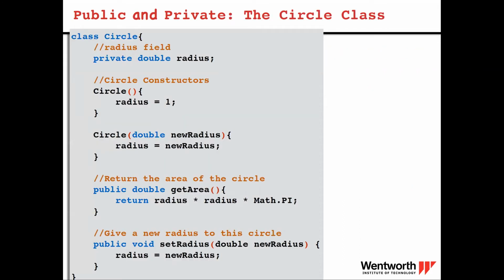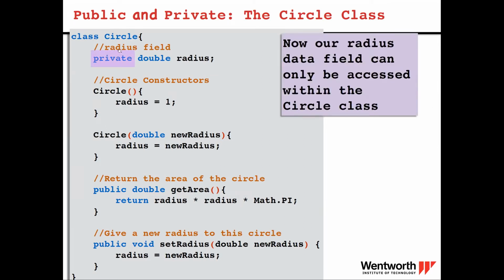So here is the circle class again, but I've made a change. I've made the radius field, the data that represents our radius, private. So it can only be accessed within the circle class itself. Outside of the circle class, essentially outside of the file that this class is in, I cannot directly access the radius.